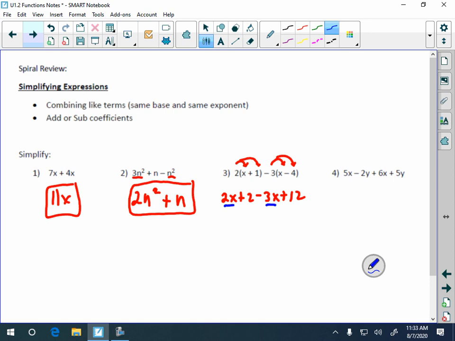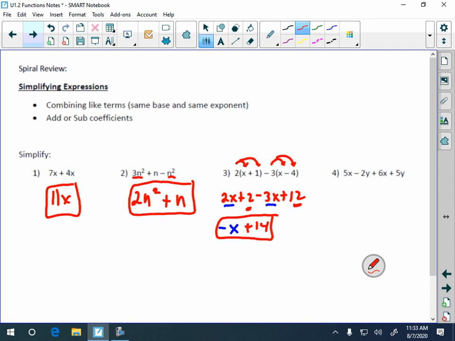So -2x and -3x can be combined together. That's -1x, or -x. Then the 2 and the 12 can be combined because they're just numbers. So 2 plus 12 is 14. And that's as far as you can go. So you can't combine variables and numbers together because they're not like.